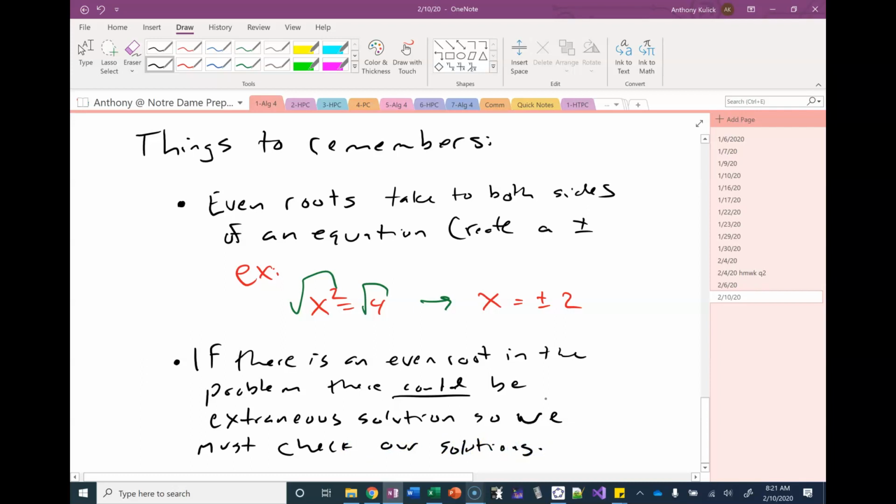So if we're solving a problem where there's an even root in it, by even root we mean square root, fourth root, sixth root, etc. We have to make sure that we're checking our answers, because it is possible that we can get extraneous solutions here in these sorts of situations.